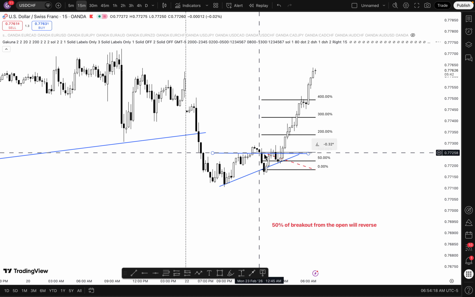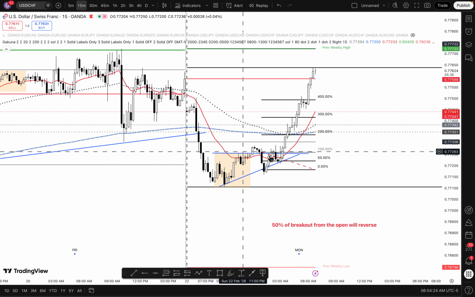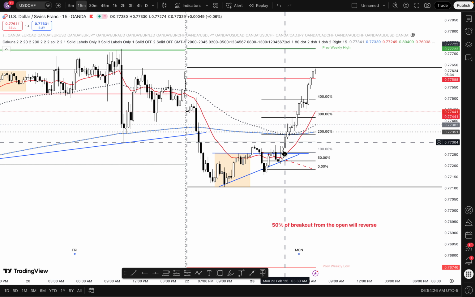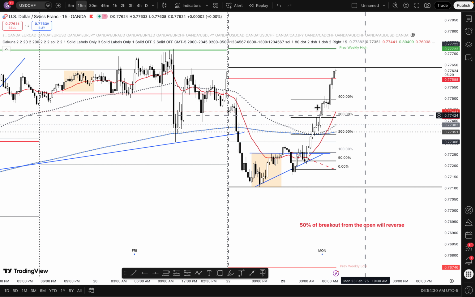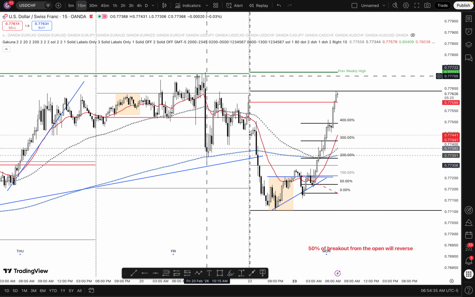This is a sign that we have an opening range breakout trade. The opening range of the Asia high and low, a breakout of that range, and now the market has moved further to take out traders who sold early from Friday's high.